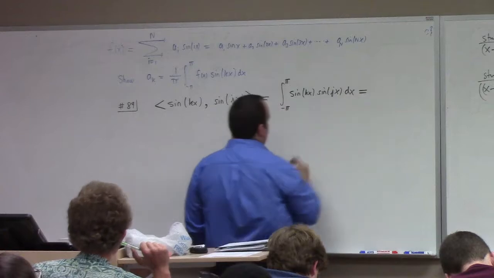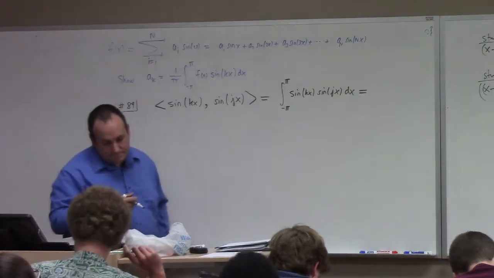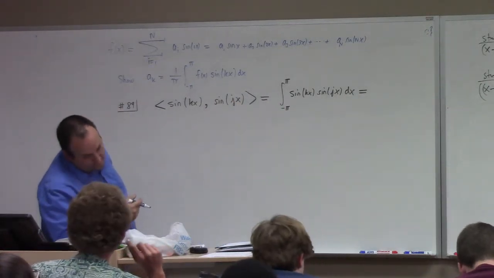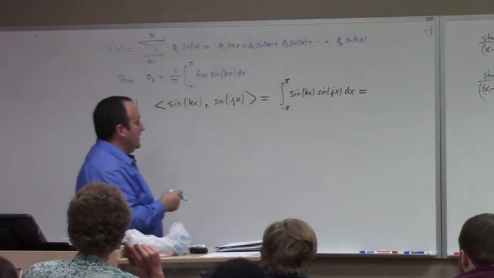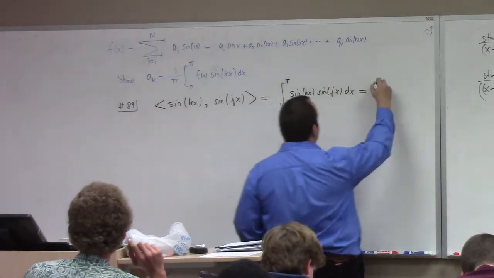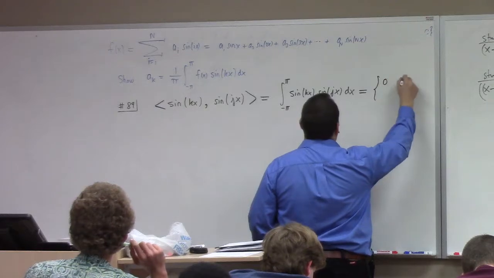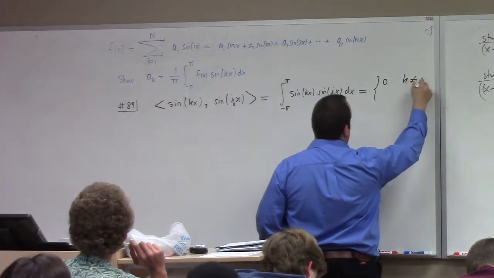What did that work out to be? Just 0, right? It's 0 if k is not equal to j.